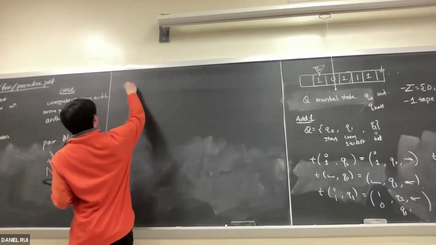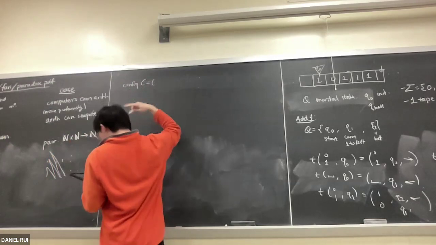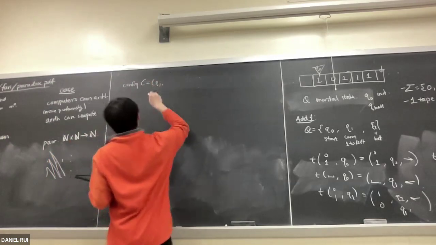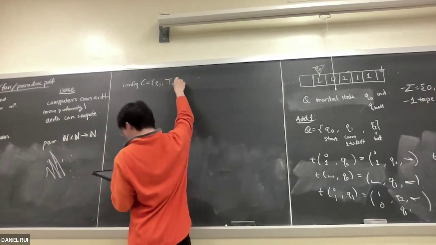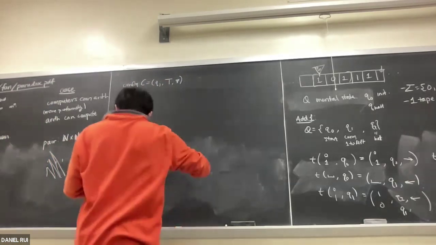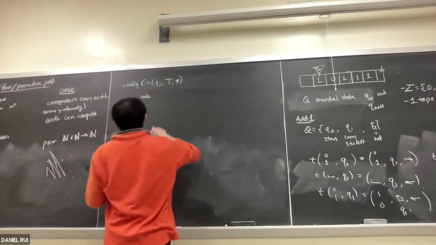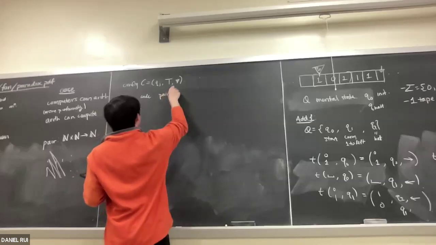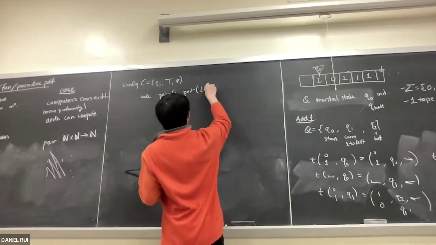So given a configuration C, which consists of my current mental state Qj, the tape P, and the position that I'm at, which I'm going to denote by this arrow, I'm going to code that by pair of j and pair of L(C), R(C).